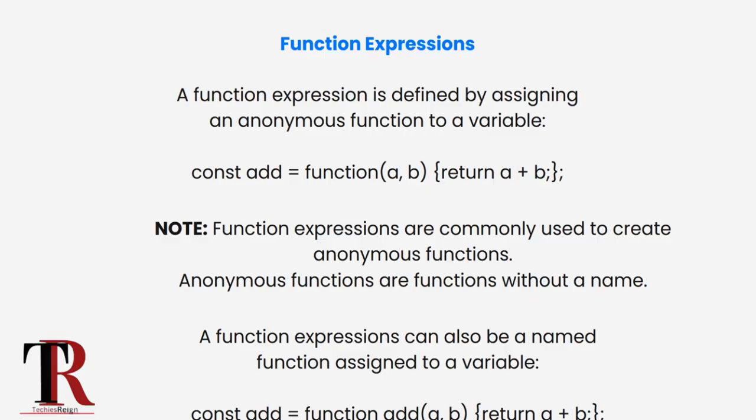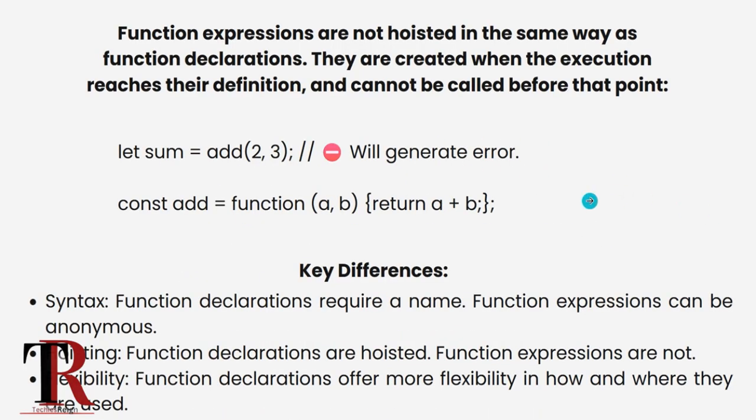A function expression can also be a named function assigned to a variable. For example, you can see the example below that there is a name added after the function keyword in that function expression. But just know that they are used to create anonymous functions mostly. That's the purpose of function expressions in JavaScript.